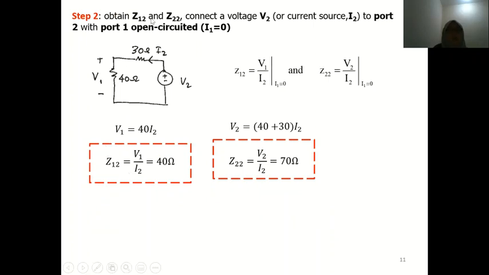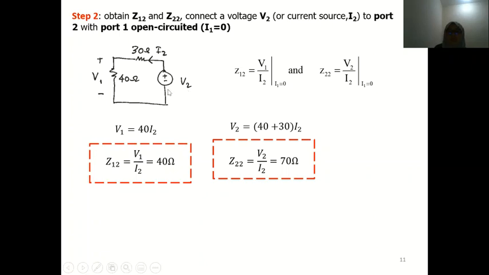Now the second step is to obtain your Z12 and Z22 by open circuiting your input terminal, which means I1 becomes 0.